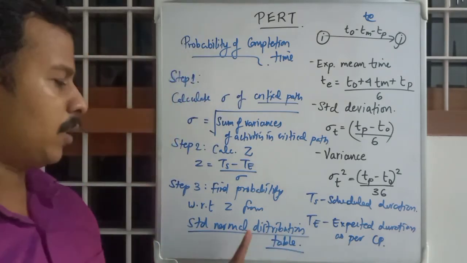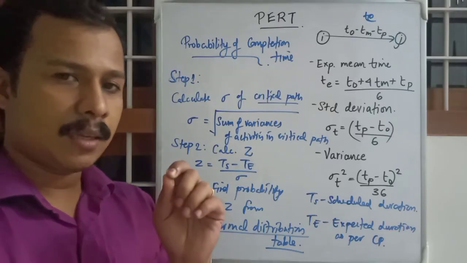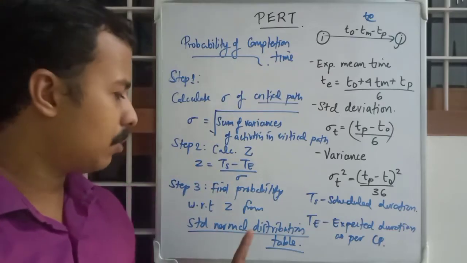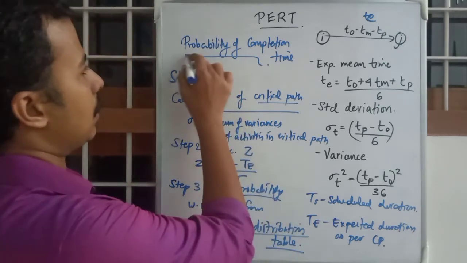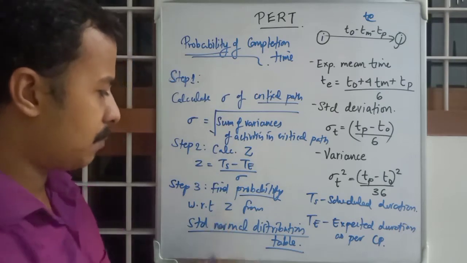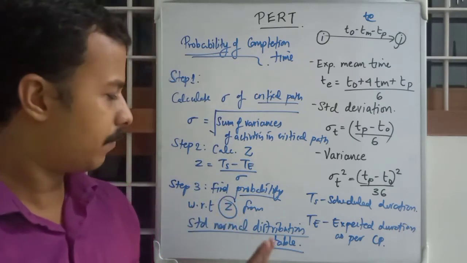Here comes the normal distribution table, and using this table you can take out the probability with respect to the Z value. That's it. These are the 3 steps.